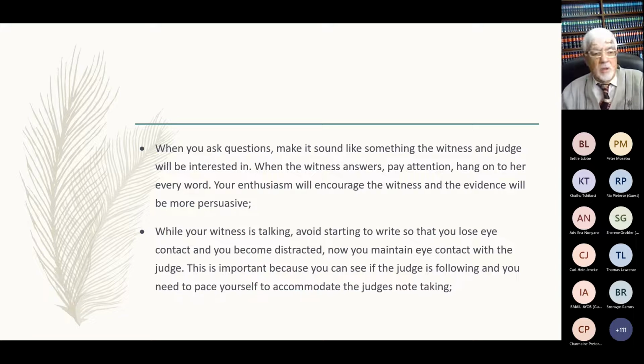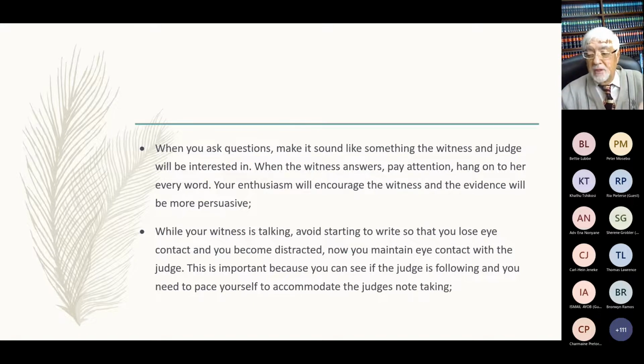While the witness is talking, avoid starting to write and lose eye contact. This becomes a distraction. No, you want to make points and so on. But you know what? There's a way to cure this. A good trial lawyer prepares draft heads before they come to court. So you've got draft heads on your computer.